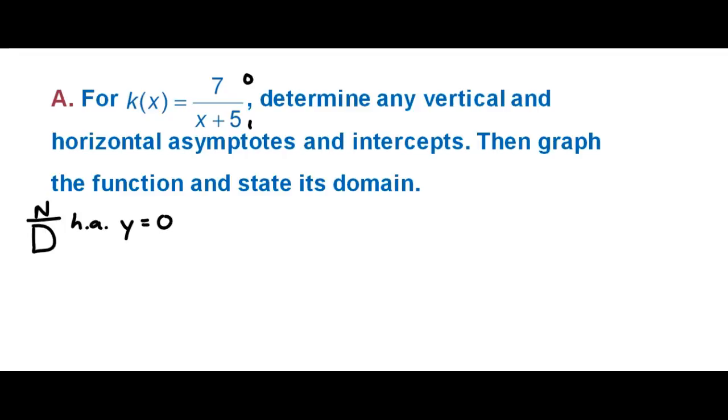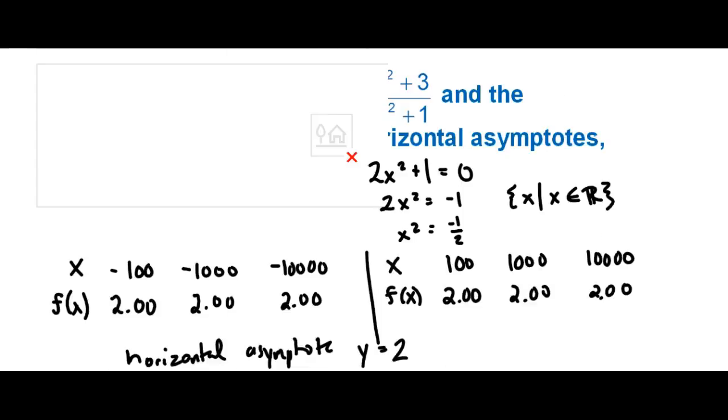Now, if you have it the other way around, where the numerator's degree is larger than the denominator's, you're not going to have a horizontal asymptote. The third case we could look at is what if those two degrees are equal? In that case, we actually saw that happen in an earlier example from a different video.